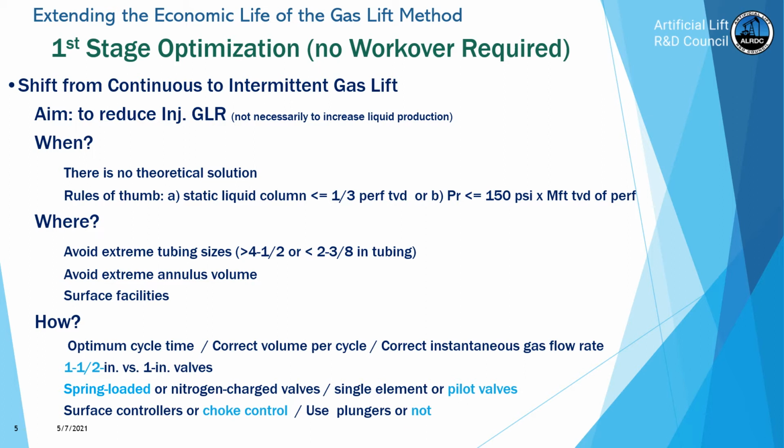The minimum area ratio of a 1.5 inch valve is much smaller than the minimum area ratio of the 1 inch valve, and that's very important, because if we end up with an area ratio that is greater than we need, we end up over injecting the well, which is precisely what we are trying to avoid.